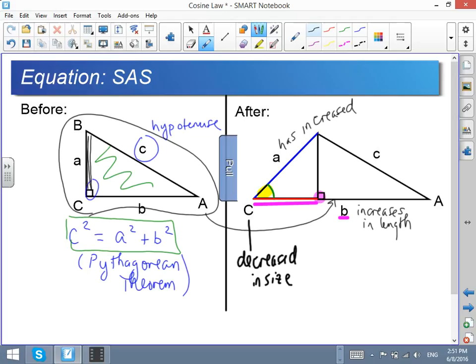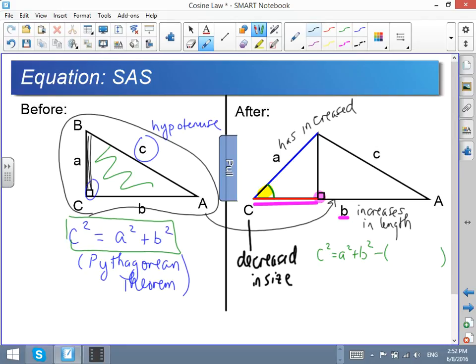But we can, through an algebraic proof, show the following relationship is true. In this case, c squared equals a squared plus b squared with a correctional factor. So we're going to subtract away some correctional quantity.